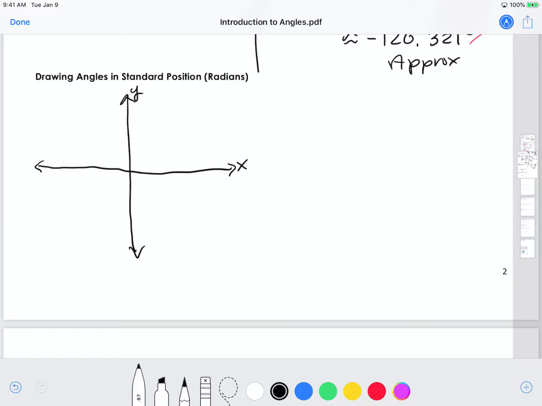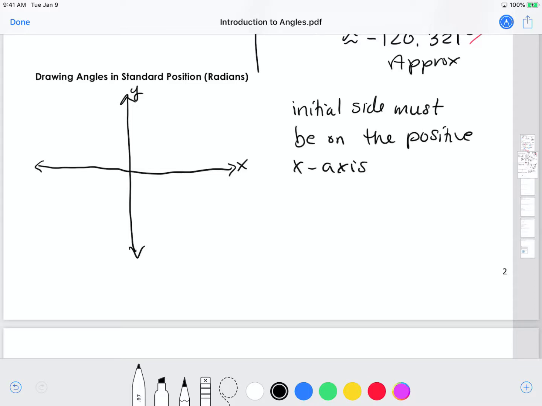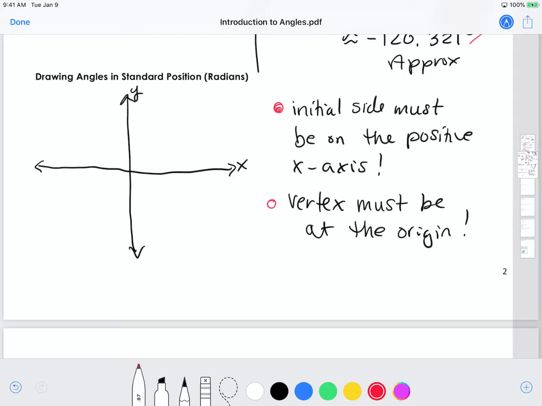But if I want the angles to be considered in standard position, then my initial side must be on the positive x-axis, and the vertex must be at the origin. So these are the two requirements that you need in order for your angle to be considered in standard position.